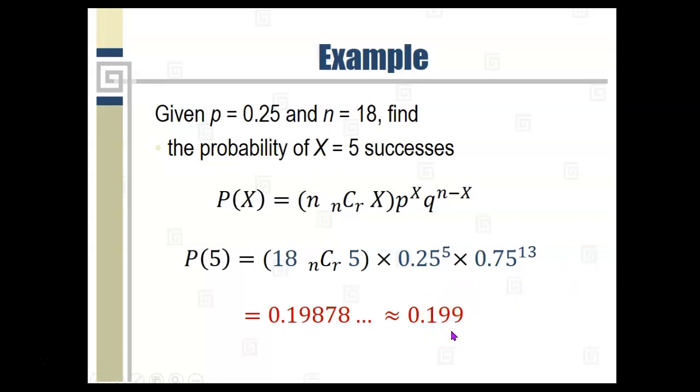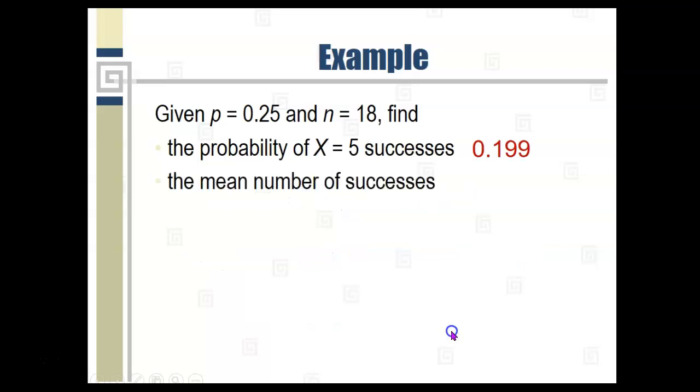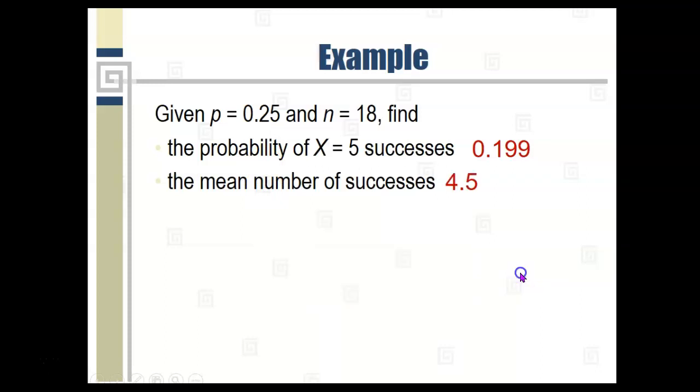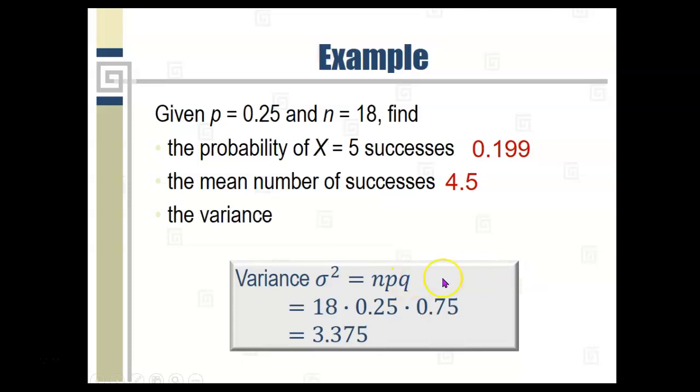Okay, second question, what is the mean number of successes? So the mean is n times p. So here that would be 18 times 0.25, which is 4.5. What about the variance? The variance would be n times p times q.